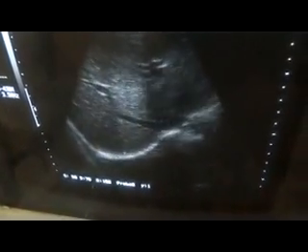Now let's see what is the status of the intrahepatic veins. Now here two vessels are seen.